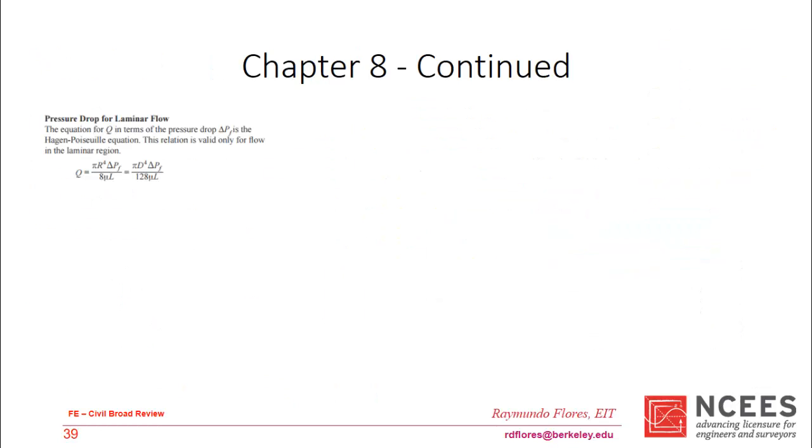Chapter 8 continued. Pressure drop for laminar flow. The equation for H in terms of the pressure drop delta P is the Hagen-Poiseuille equation. This relation is valid only for flow in the laminar region. So remember what that means: we need to require that RE is less than 2,100.